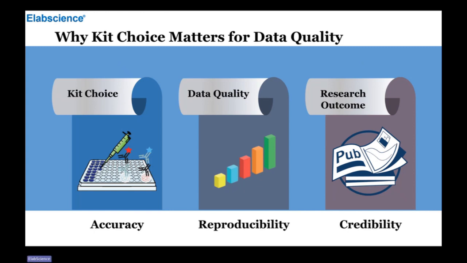Reliable kits add credibility to your work, making it easier to publish and more convincing to the reviewers. Since ELISA data often guides follow-up experiments and even clinical insights, kit quality has a long-lasting impact. That is why kit selection should be treated as a core scientific step, not just a routine purchase.